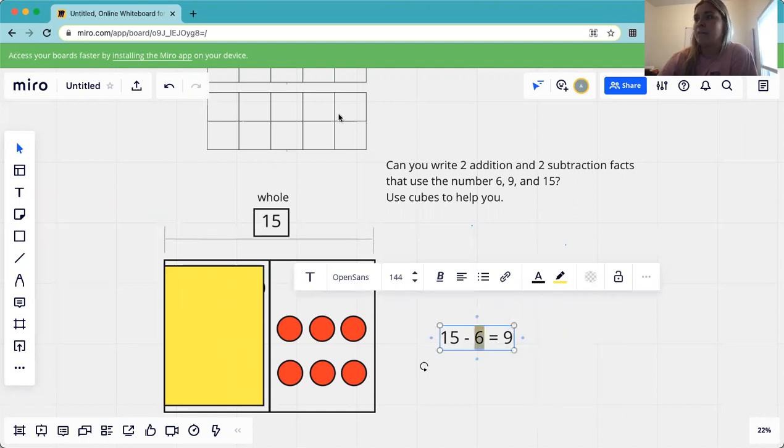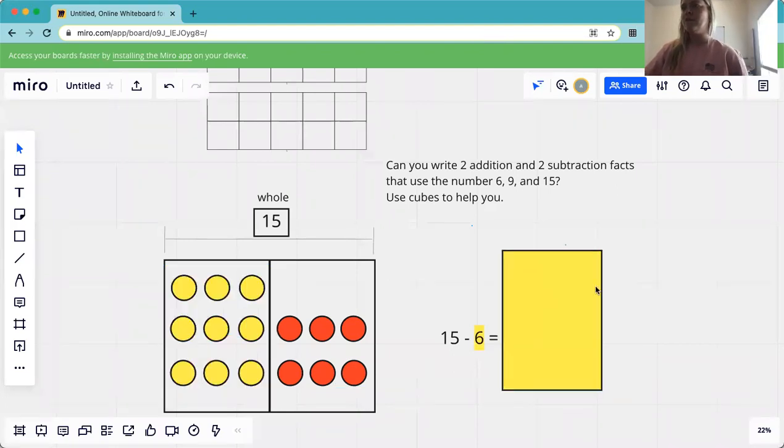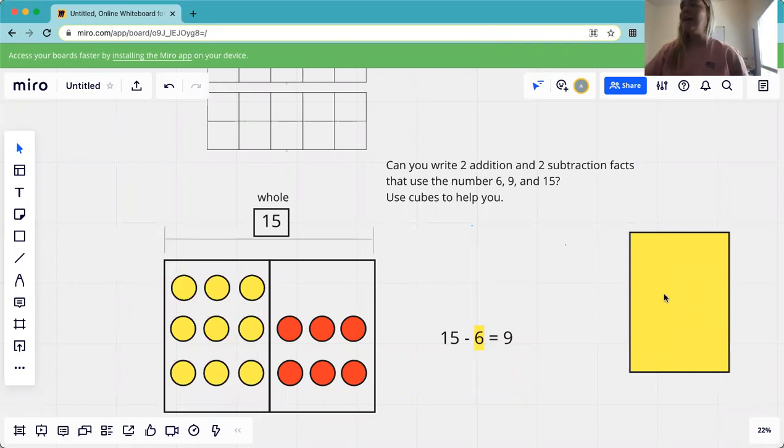We know that's one of my parts. So I'm taking my whole and I'm subtracting one of my parts. I'm going to figure out what is the part that is covered now. So if I took this, 9 is my part that was covered.